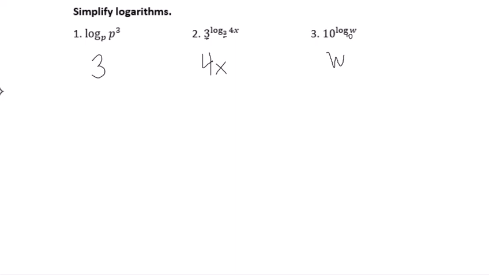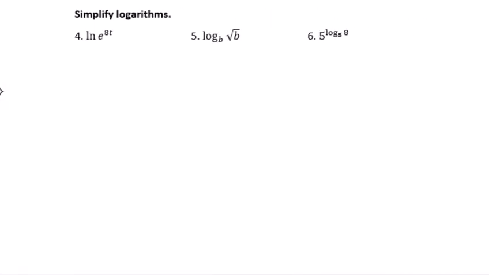These are just applying those rules on that first summary page. All right, base e and base e agree. There's that understood e there, so this is 8t. This is log base b of b to the 1/2. And since the bases agree, that simplifies to 1/2. And this 5 and this 5 agree, so that equals 8.